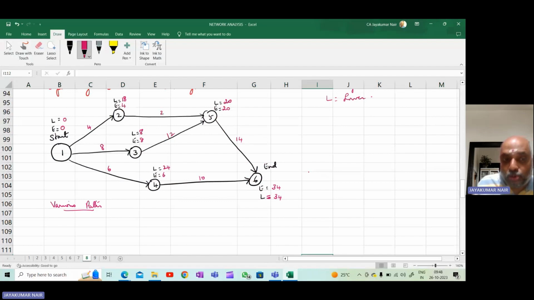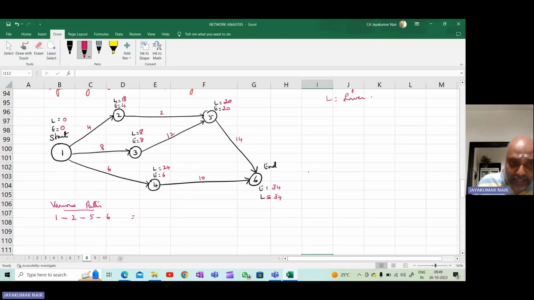Supposing you want to move from the start to the end, how many routes are there? From 1, I can go to 2, then to 5, then to 6. So one path is 1 to 2, 2 to 5, and 5 to 6. That is the first path. And if I'm taking this path, what is the duration?